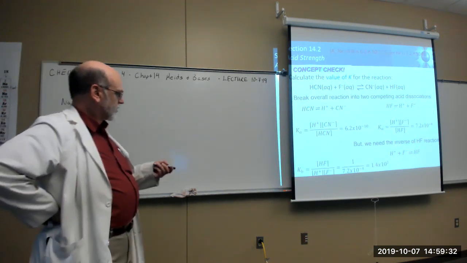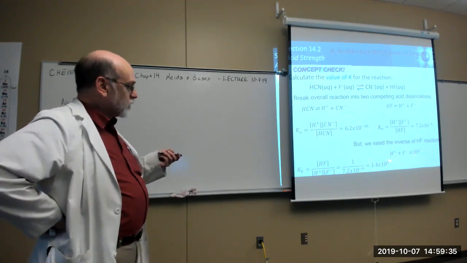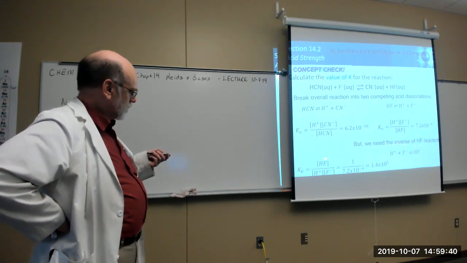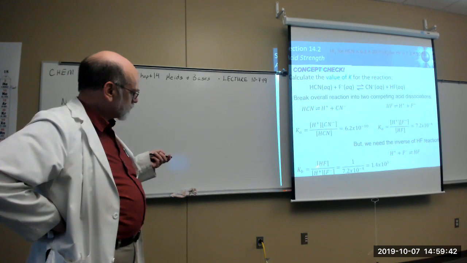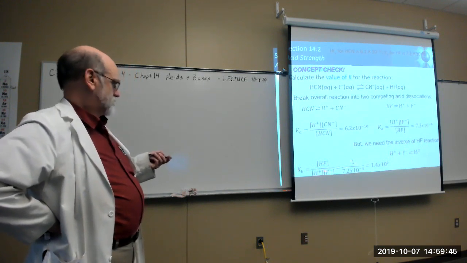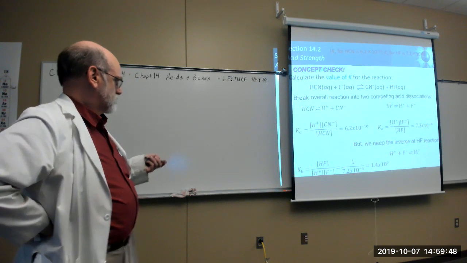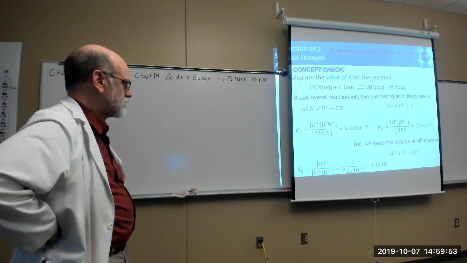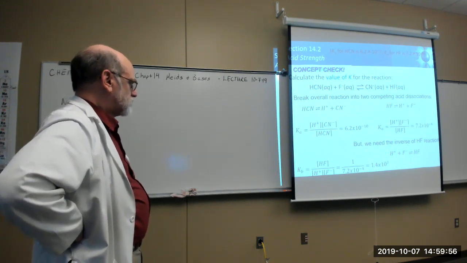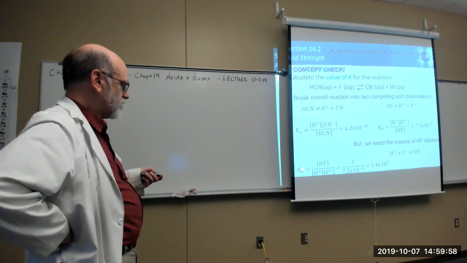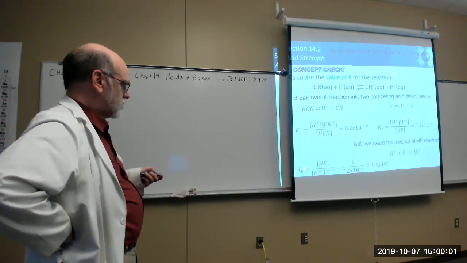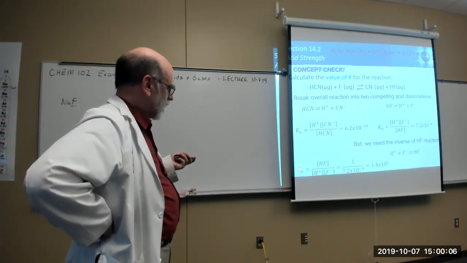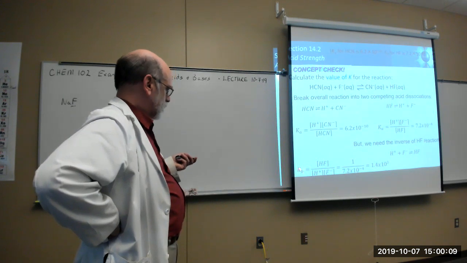From our previous slide, we know that this is actually Kb. Well, now that's not exactly right. I say it's Kb, but that's not the way we wrote Kb before. We do need the inverse, that's true, but I hesitate to call it Kb. I would just say K.